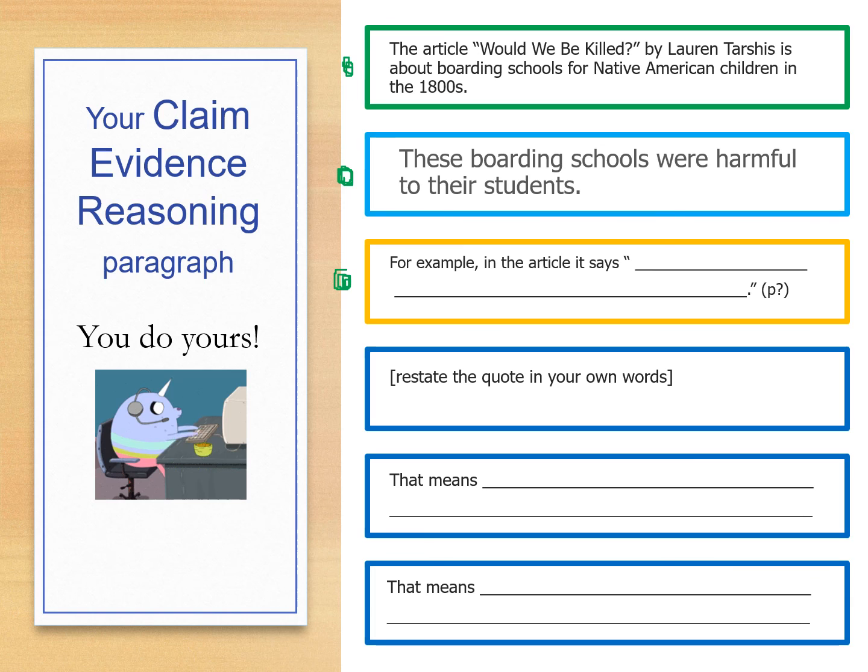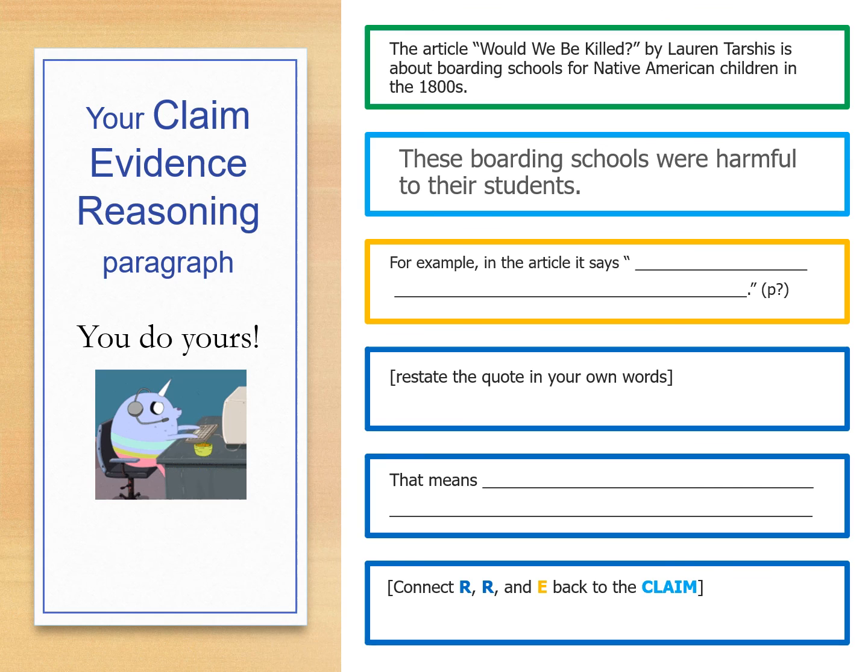But I want the reasoning to be your own work. Restate the quote in your own words. That means your own words, not the ones that I showed you here. And then you're going to explain what your quote means, what your evidence means. And whoopsie doodles, I need to fix that. Hold on a second.